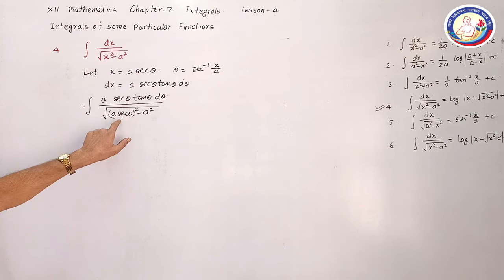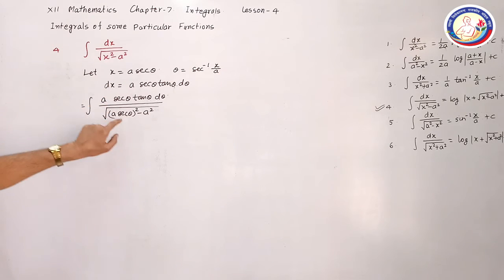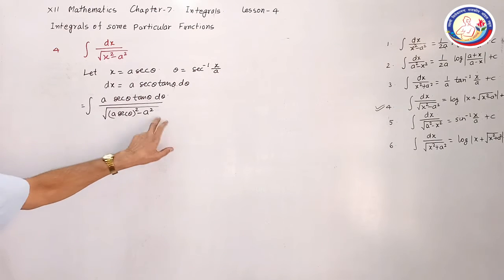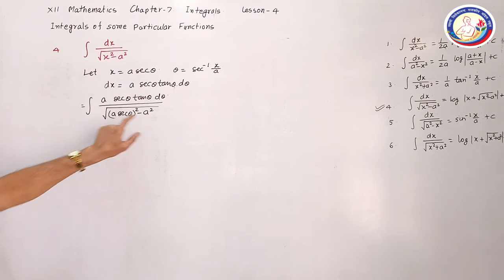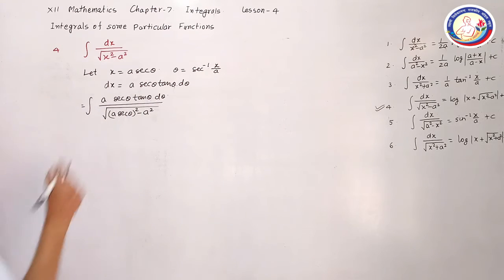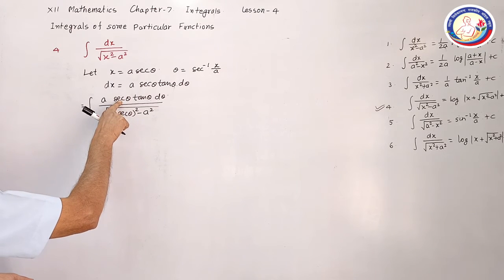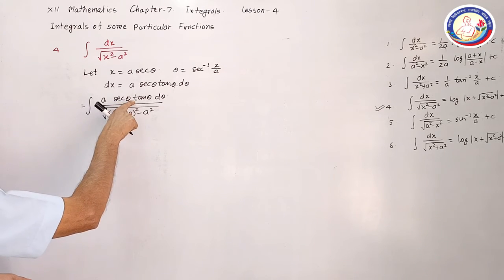This is intentionally chosen because sec square theta minus 1 will give us tangent square theta, and we can eliminate this square root. We can use cosec theta also, but easier will be taking sec theta.